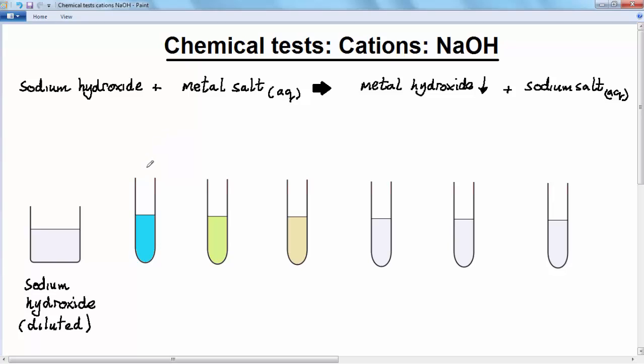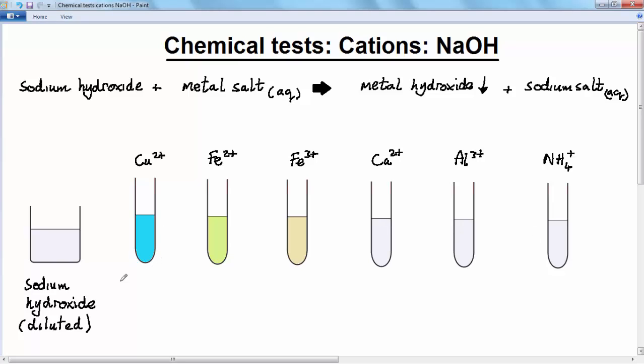The metal cations that we're going to observe are the Cu2+ ion, which gives a bluey green solution, the Fe2+ ion, which gives a light greenish solution, the Fe3+ solution, which tends to be a yellowy brownish colour, and then the Ca2+ ion, the Al3+ ion, and the NH4+ ion. These three solutions are all colourless.